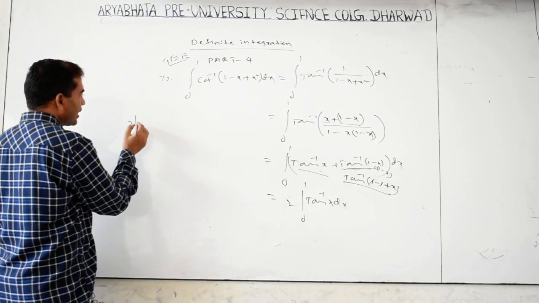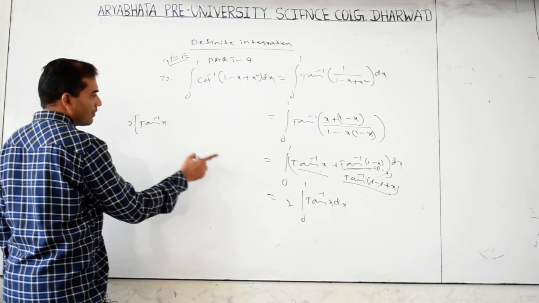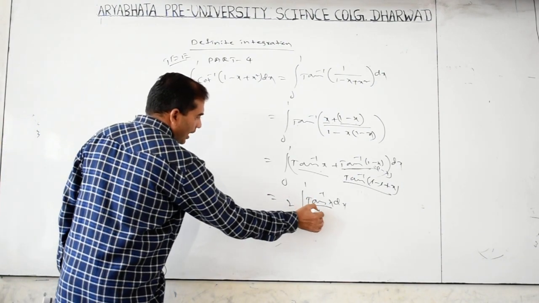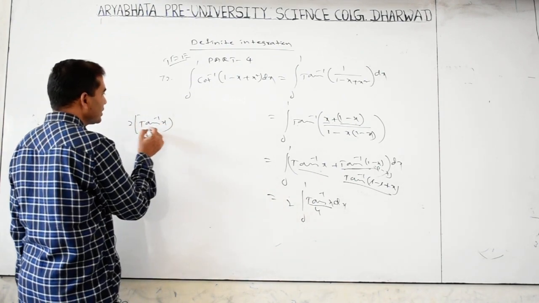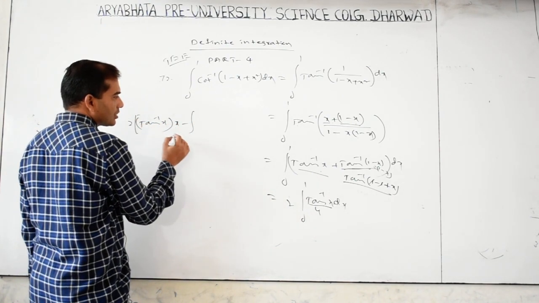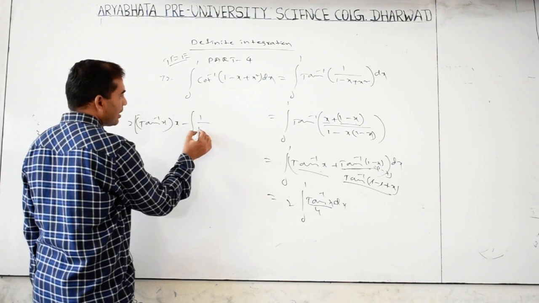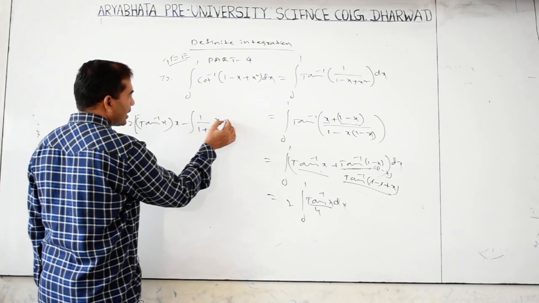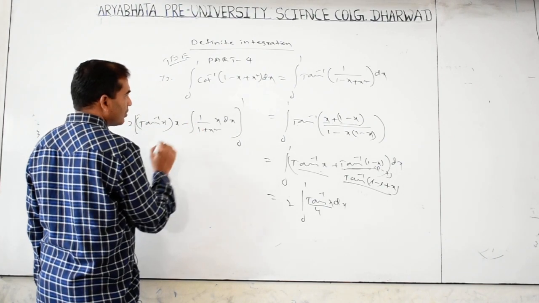2 into tan inverse x, integration of 1: tan inverse x is u and 1 is v. Integration of 1 is x, and the derivative of tan inverse of x is 1 by 1 plus x square. Integration of 1 dx is x, limits 0 to 1.